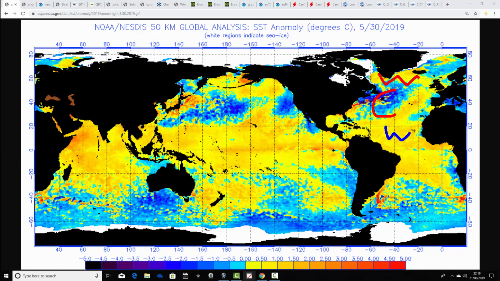It wasn't a classic tripole during May, but as the month of May went along, we started to see the sea surface temperature anomalies warming up to the south of Greenland. And that developed further as we went into June and into the summer.